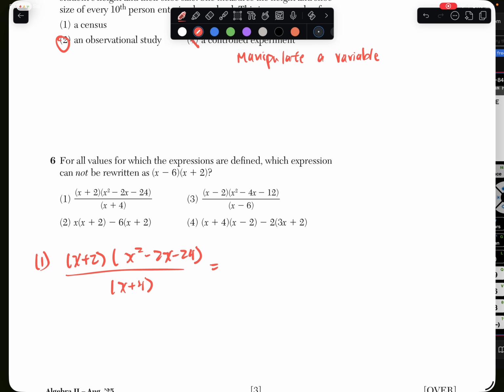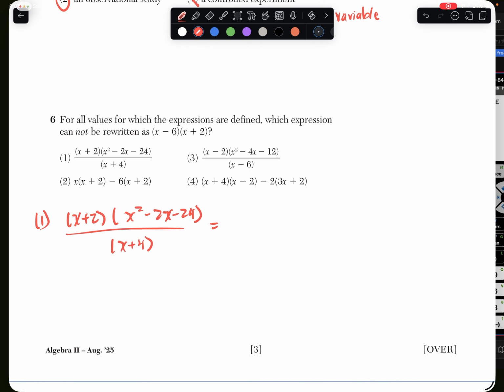So what I'm going to do is factor the trinomial. So x plus 2 remains the same. And in order to factor the trinomial, I like to think what multiplies to negative 24 and adds up to negative 2. And I'm thinking of 4 and 6. One of them has to be negative because they multiply to a negative number. And it's negative 2, so the bigger one has to be negative.